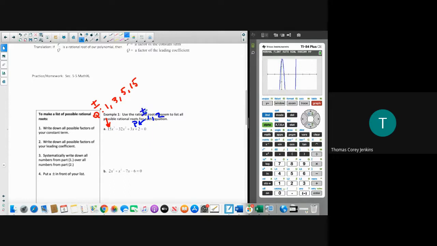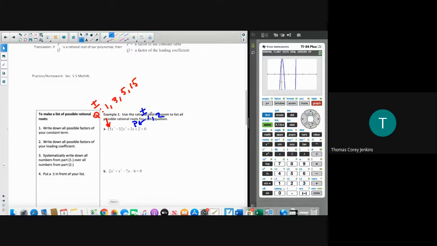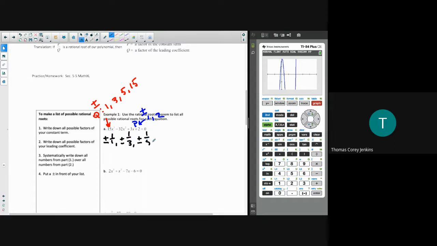Then we start to form our list. I like to start with the P's and go from there. Let's start with the ones. We do plus or minus 1 over 1, plus or minus 1 over 3, 1 over 5, and 1 over 15.